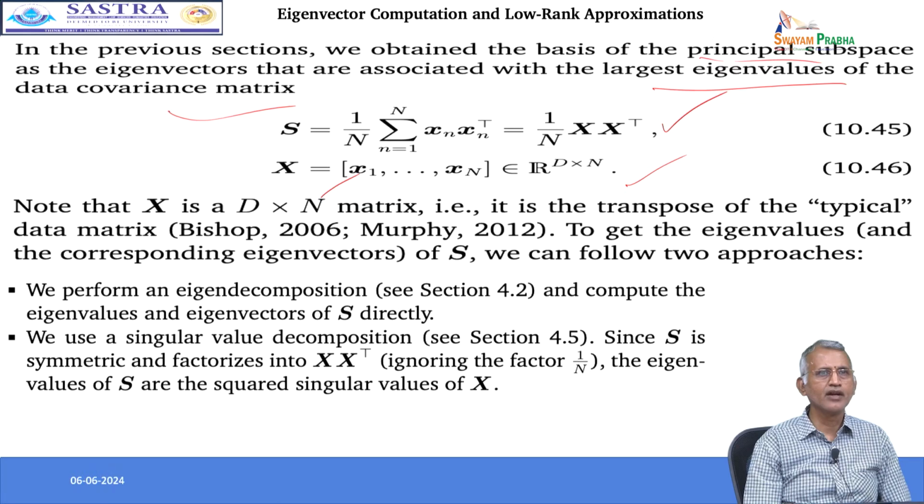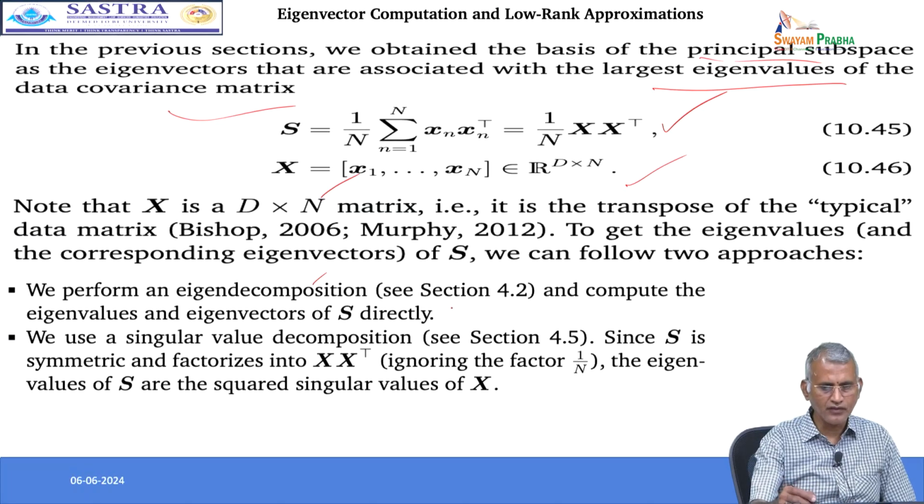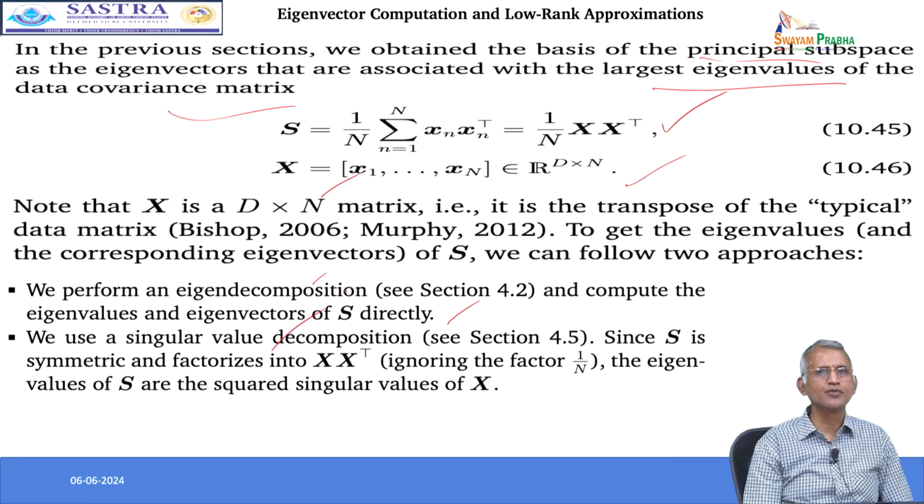To get the eigenvalues of S, we can follow two approaches. Number one, we perform an eigen decomposition and compute the eigenvalues and eigenvectors of S directly. Number two, we use the singular value decomposition, since S is symmetric and factorizes into XX transpose, ignoring the factor 1 by n.